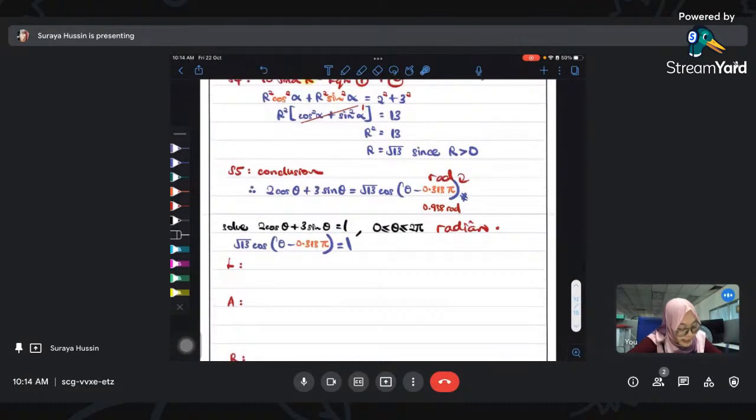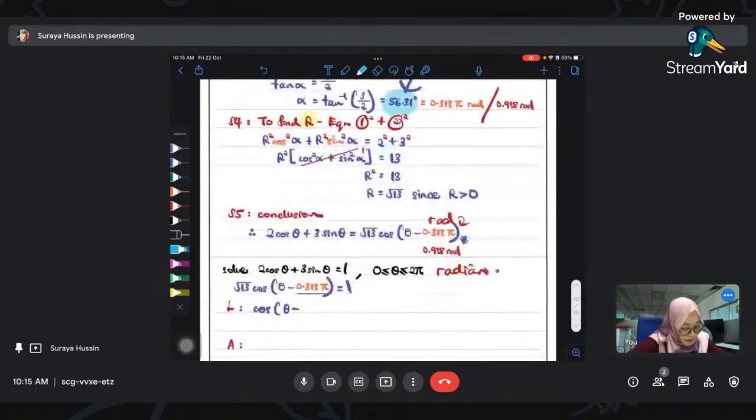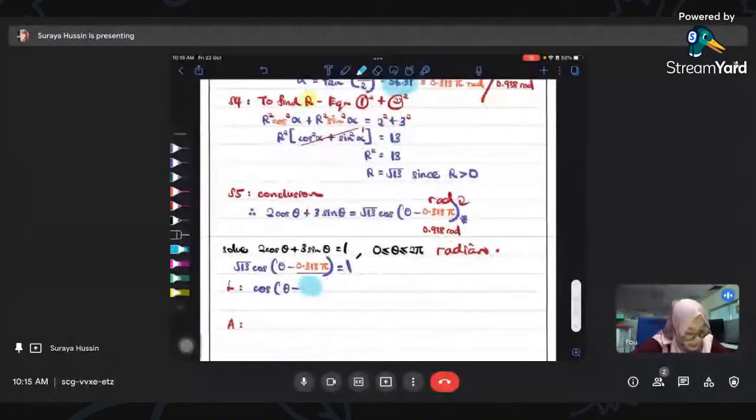And then, is this linear? Is there something in front of the cos? No, it's not linear yet. So how to make it linear? So cos theta minus, I don't want to use this. I want to use my 56.31 here. I want to use degree because calculation is easier in degree.